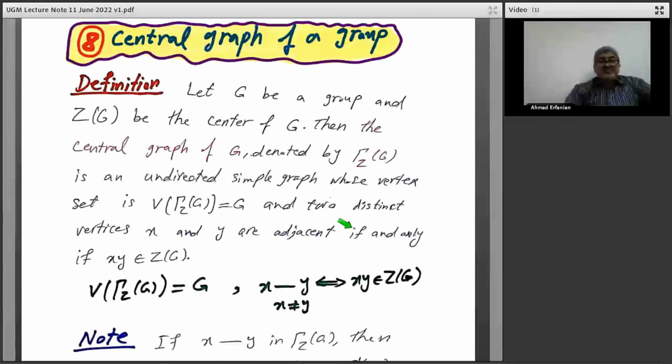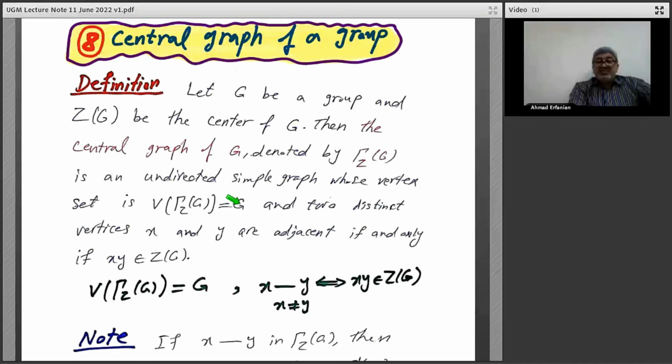So number 8 of the algebraic graphs is the central graph. Central graph means that if G is a group and Z(G) is the center, the central graph we may denote by Γ_Z(G).